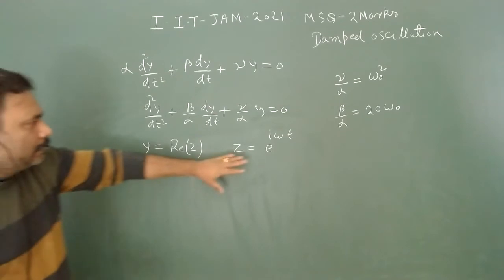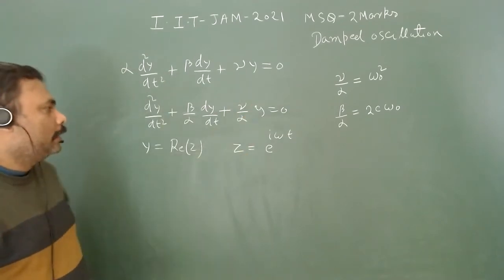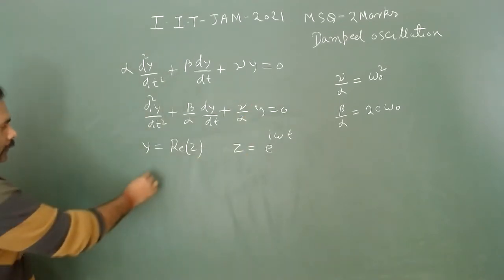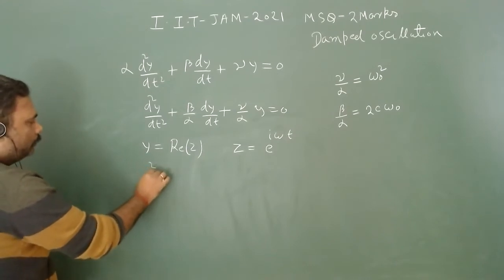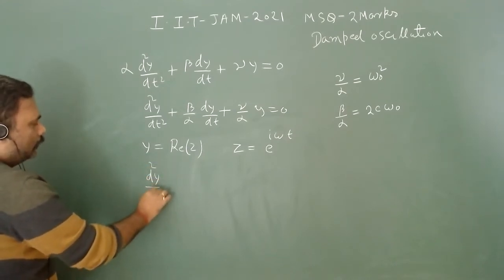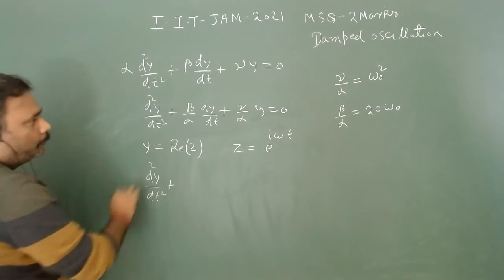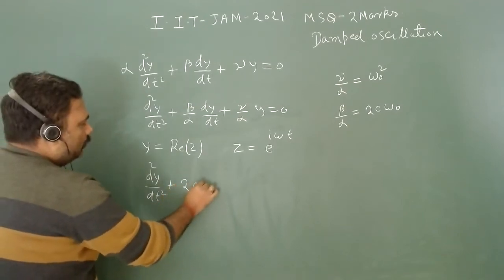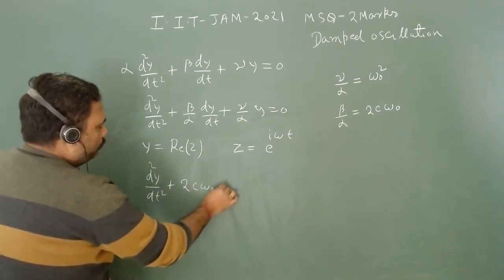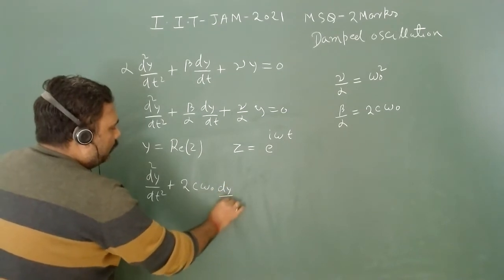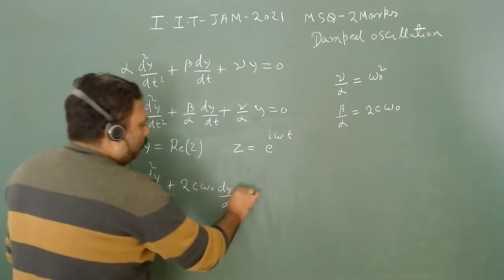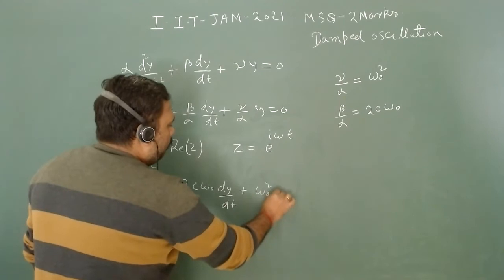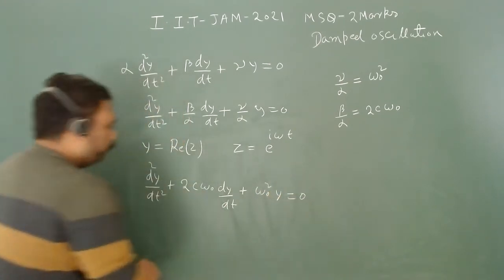So obviously, this should satisfy this particular equation, and this equation is actually d square y upon dt square plus 2c omega naught dy upon dt plus omega naught square y is equal to 0.